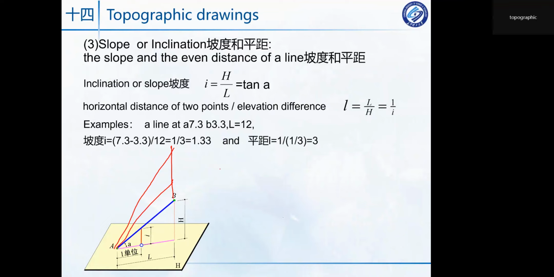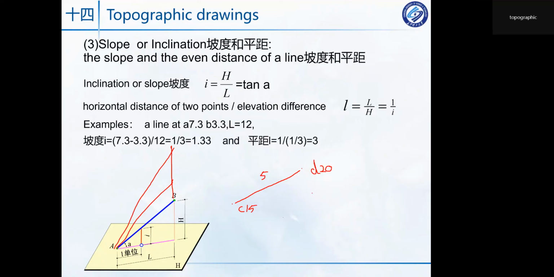So please calculate. If a line here is CD, point C has an elevation of 15, and here is point D. Its elevation is 20, and its distance in the horizontal direction is 5.